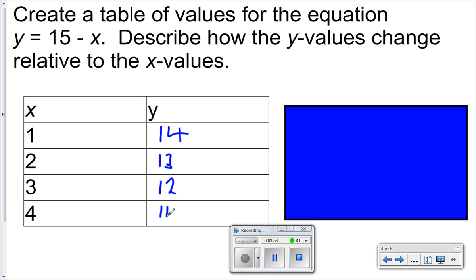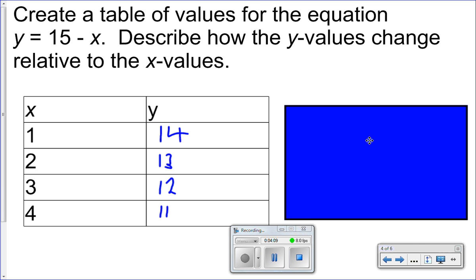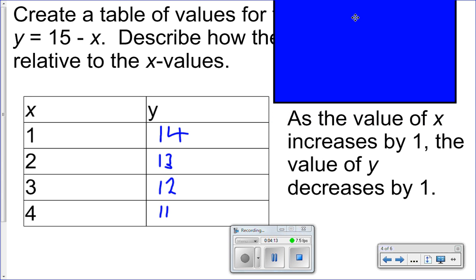Okay, so what we can see is that as x increases by 1, y decreases by 1. And there we go. As the value of x increases by 1, the value of y decreases by 1.